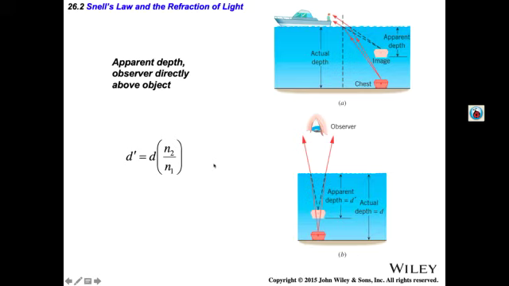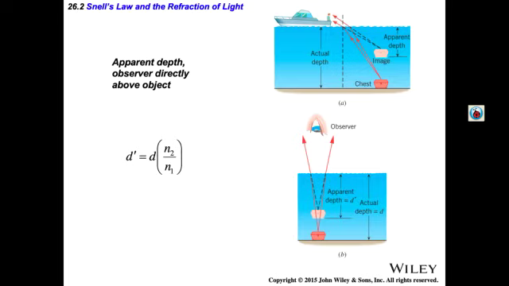N2 is where the observer is, and N1 is where the object is. Here's N1 down here, and D is the actual depth. So let's take the apparent depth D prime.